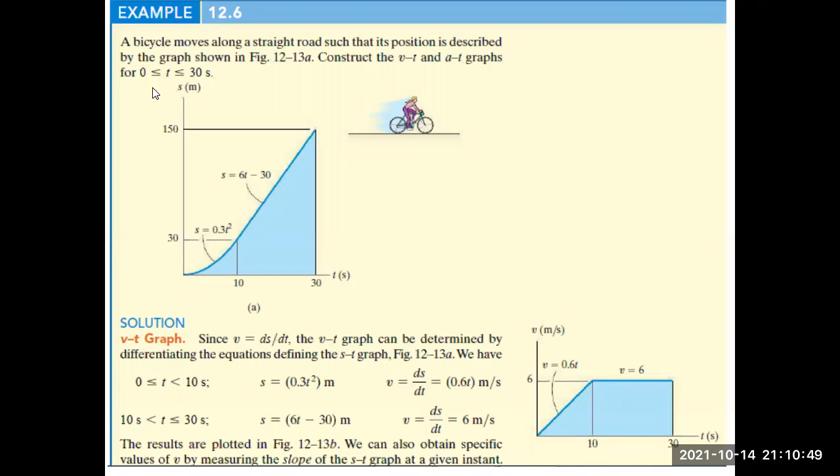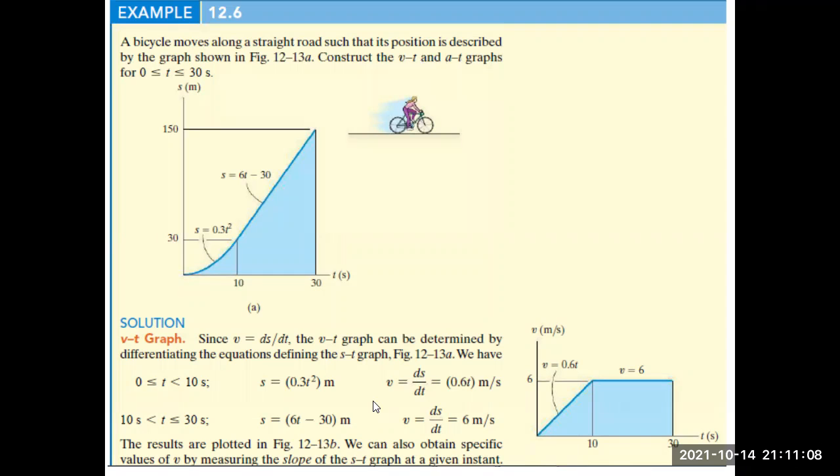So that means we have to plot two graphs: velocity versus time and acceleration versus time.